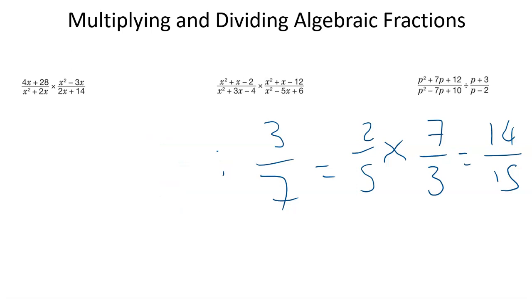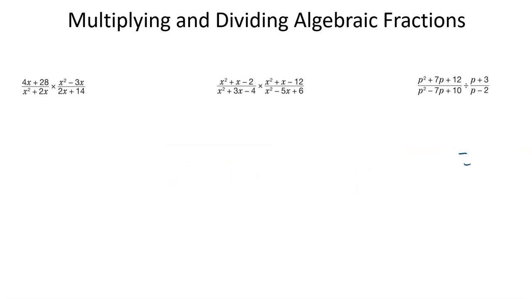Now we're going to do exactly the same thing with our algebraic fractions, but remember we're going to do some factorising so that we can cancel stuff as well. So we're going to multiply the top together.